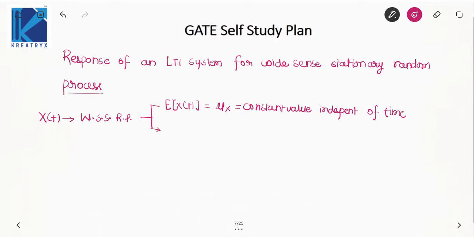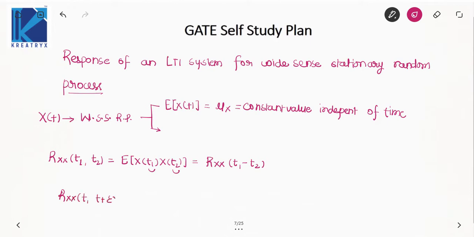Now second point is, if I am calculating autocorrelation, that is R_xx(t1, t2), the autocorrelation can be calculated as E[x(t1) x(t2)]. This autocorrelation function should be a function of the difference of the time instances. So I can write R_xx(t, t plus tau) as the expectation of x of t into x of t plus tau.